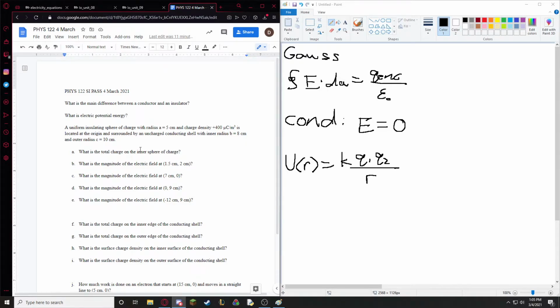So let's go ahead and take a look at the beginning of a Gauss's law example, and we're going to build off this example for this session. We have a uniform insulating sphere of charge with radius A. Let me visualize it.